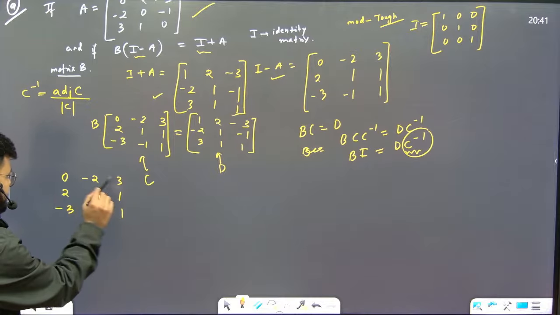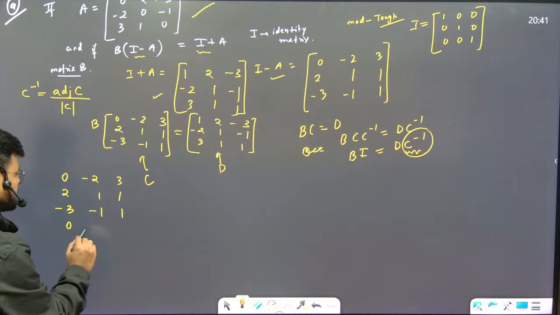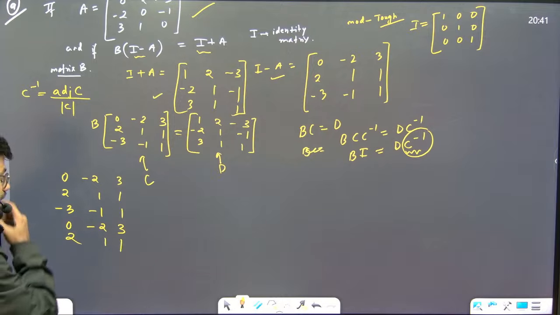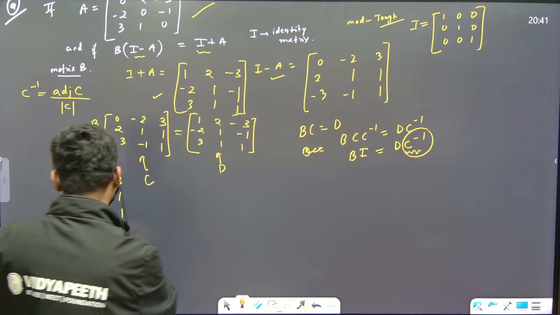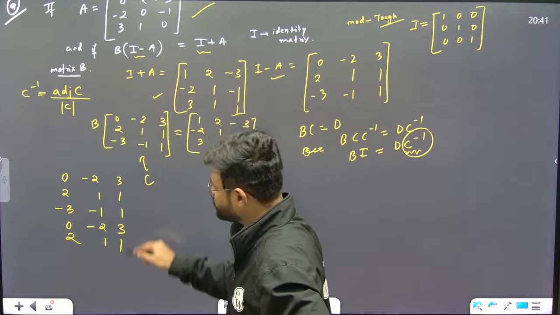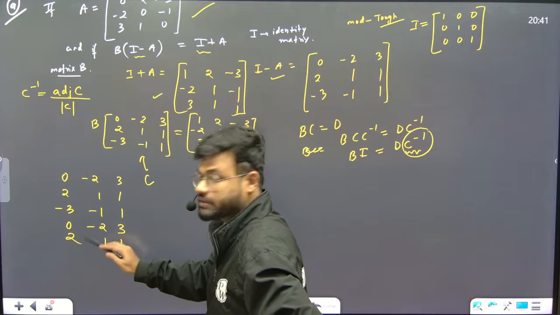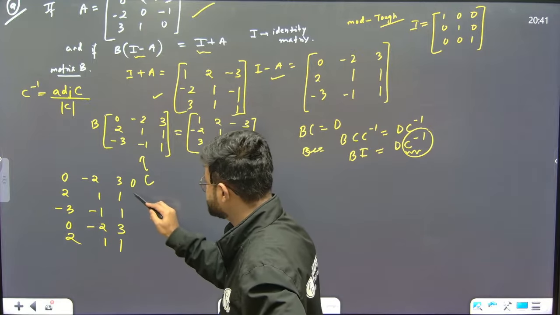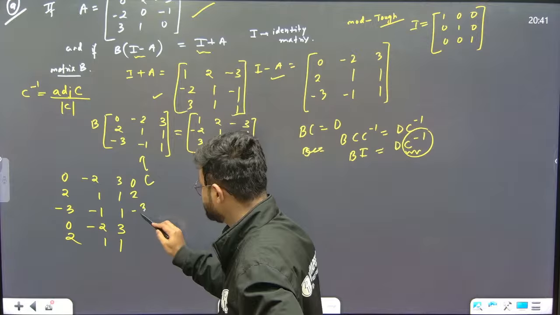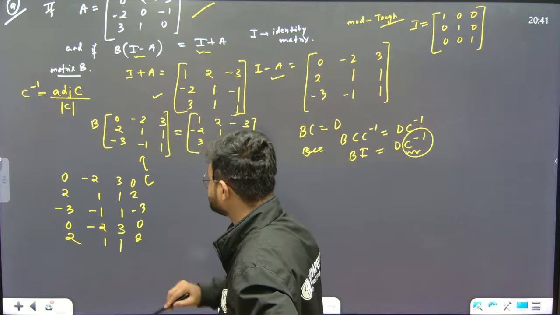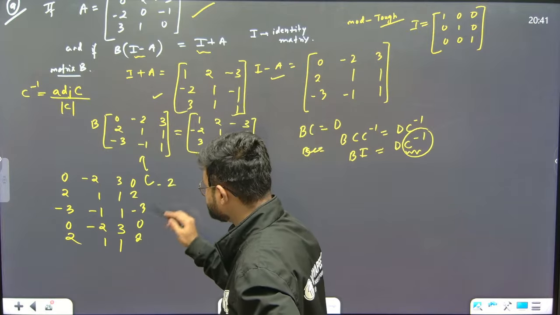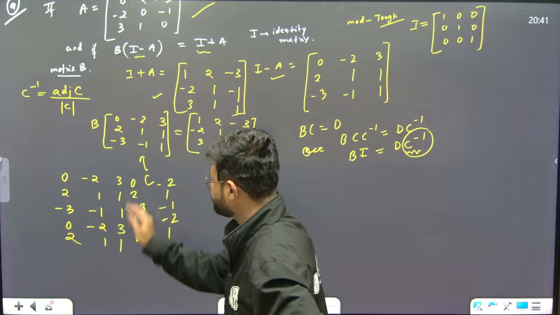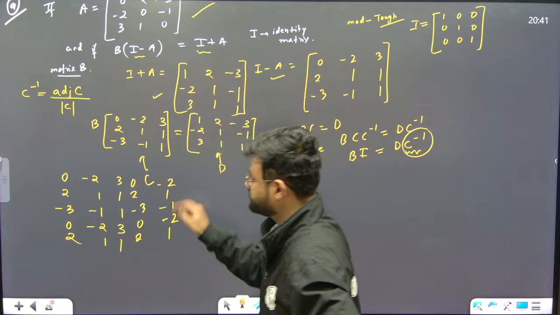The second step is to copy the first two rows again, that is 0, -2, 3, 2, 1, 1. Now once we have copied the first two rows, we again copy the first two columns after copying the first two rows. So just take care of that. That is going to be 0, 2, -3, 0, 2, -2, 1, -1, -2 and 1. So I have copied these two columns again.